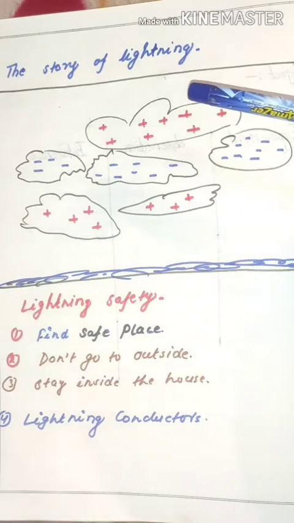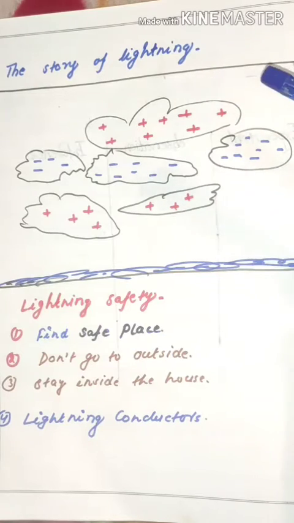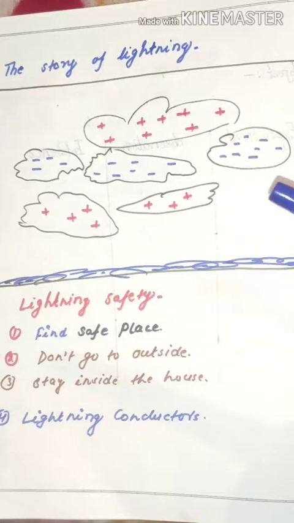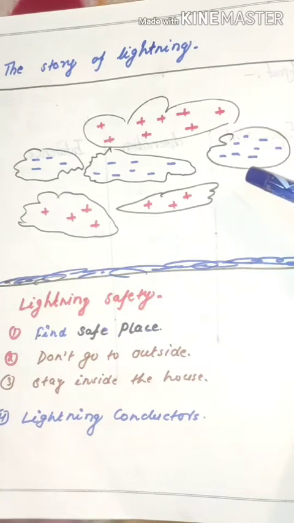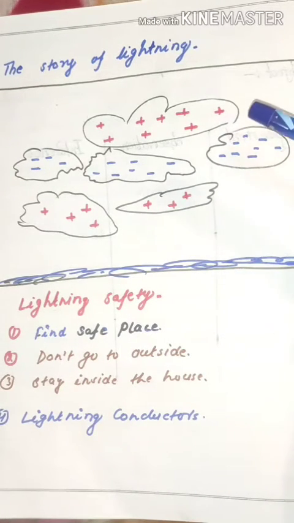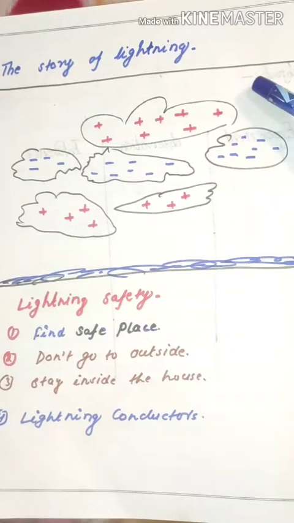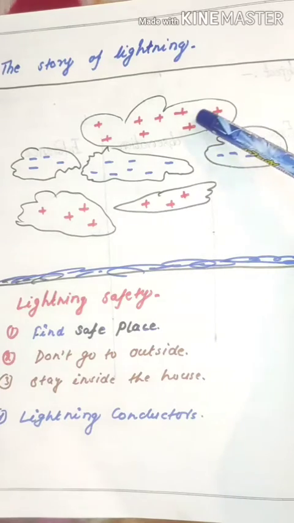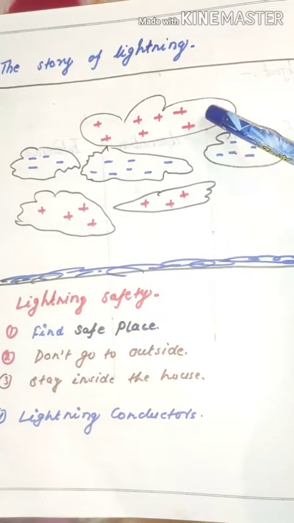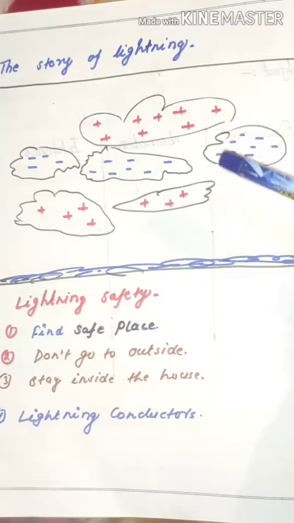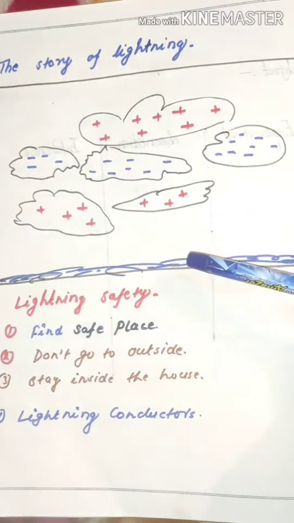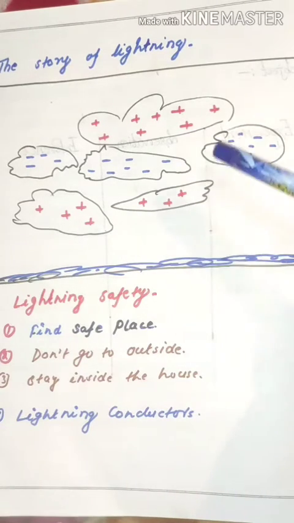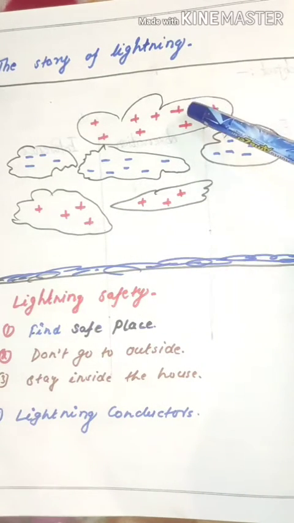Next topic is the story of lightning, that is how lightning is produced in our atmosphere. So student, you should know that during the development of a thunderstorm, the air currents move in an upward direction, while the rain droplets move in a downward direction. This causes the separation of negative and positive charges. At some height above the earth there will be positive charge, and at the top also there will be positive charge.